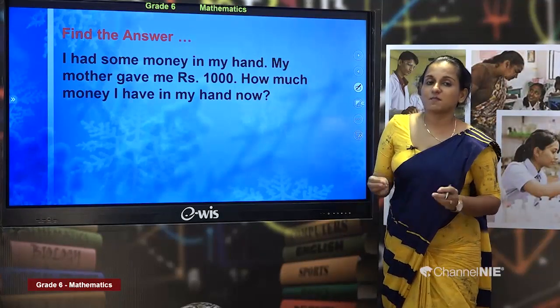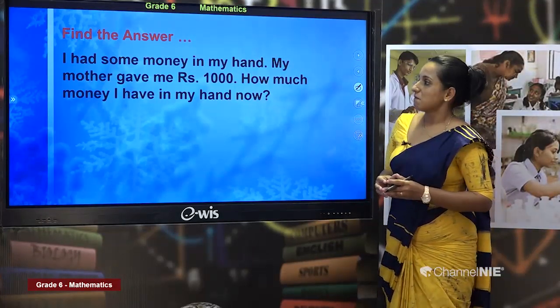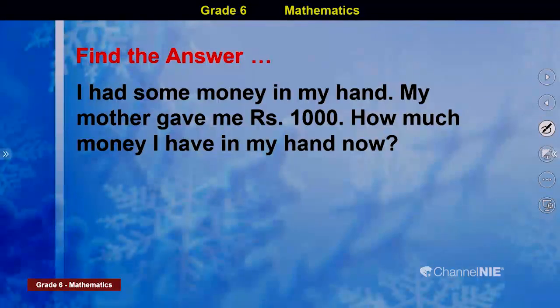I had some money in my hand. My mother gave me 1,000 rupees. How much money do I have in my hand now? Can you see the amount of money is not given here? Then we have to use an algebraic symbol for that.